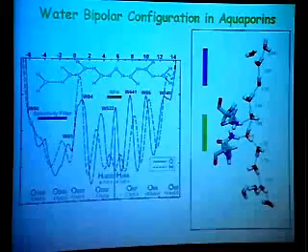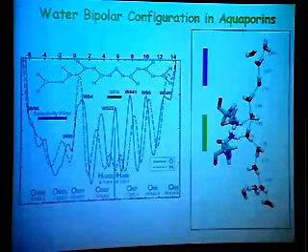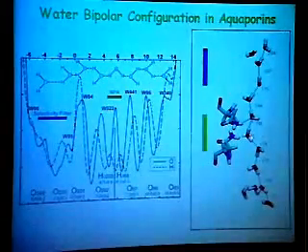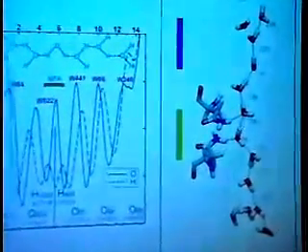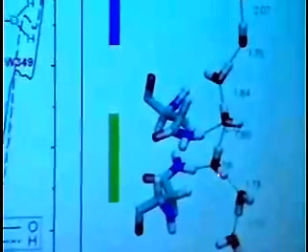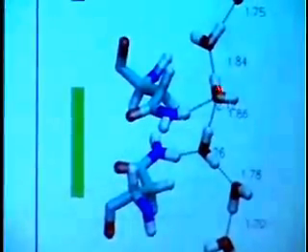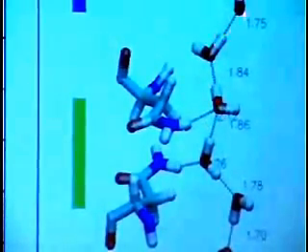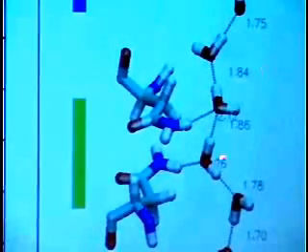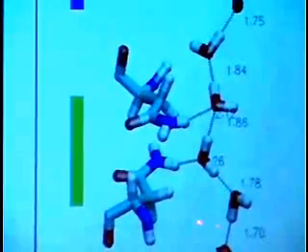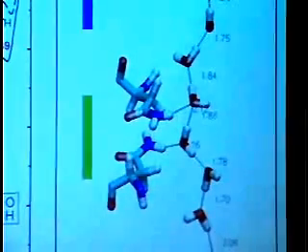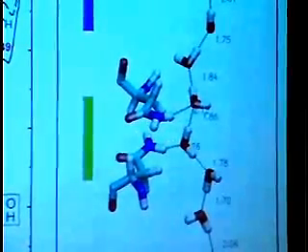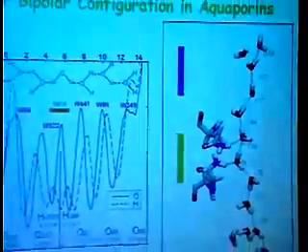Basically, the oxygen atom of this central water is fixed in this orientation. Then the hydrogen atoms of this water molecule are available for other water molecules to form hydrogen bonds, and that's why you have this orientation of water propagating toward the exit on this side, and an opposite orientation of water down here. There are other effects involved, we will see. But the presence of these asparagine residues is a very important feature of the channel. So this is a very interesting feature.